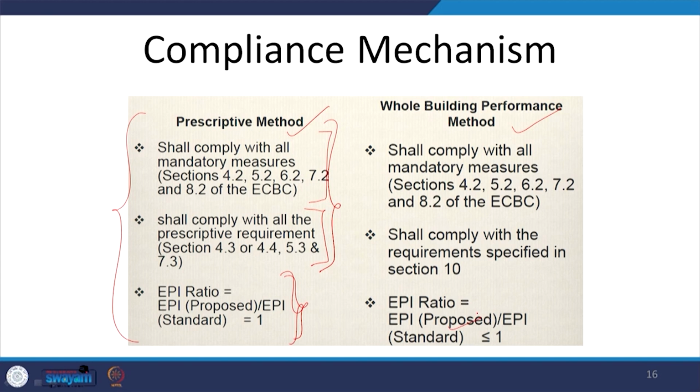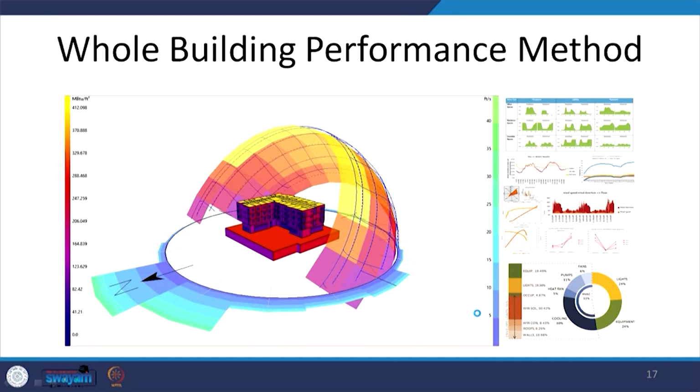So, in the end, whether through an enhanced investment in passive design features or in active features, overall the building performance has to be better than that of the base case as specified through ECBC.